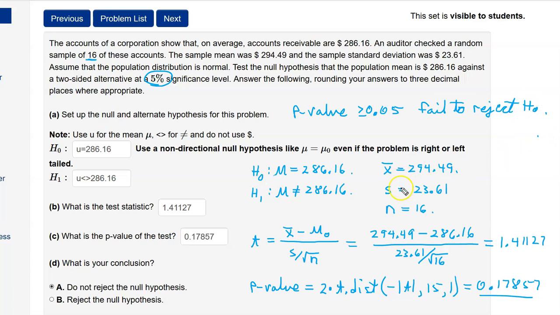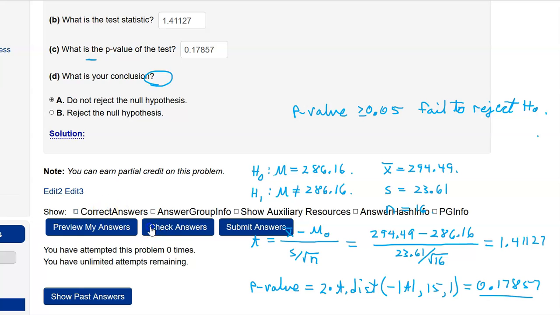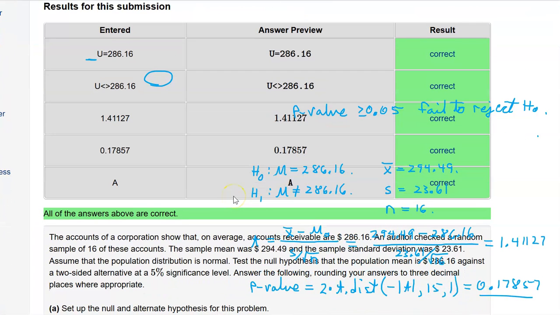So we just have to enter that down here. We click A, do not reject the null hypothesis. And let's check our answer then. Okay, looks like we got everything correct.